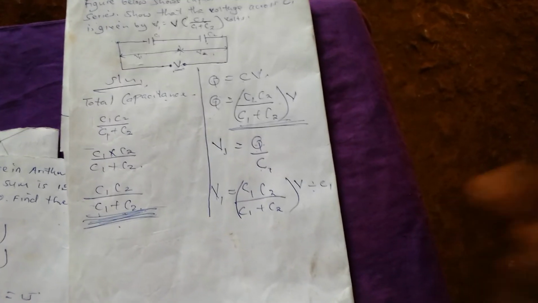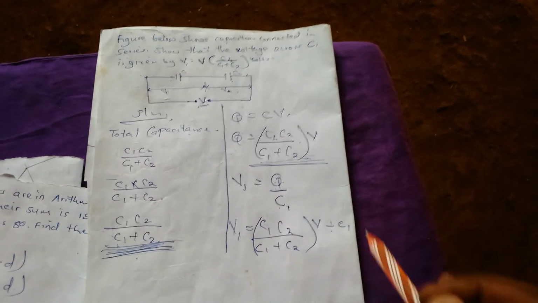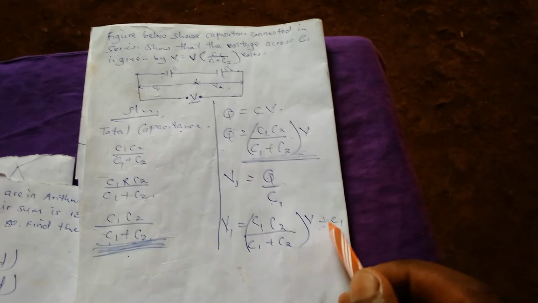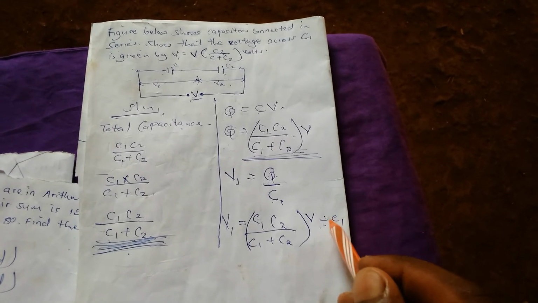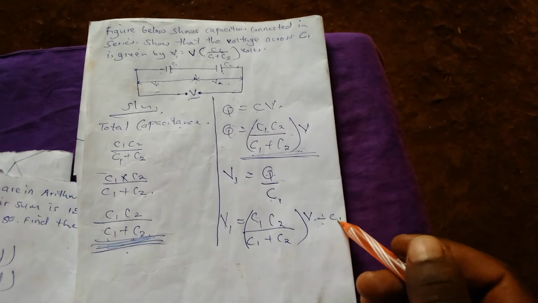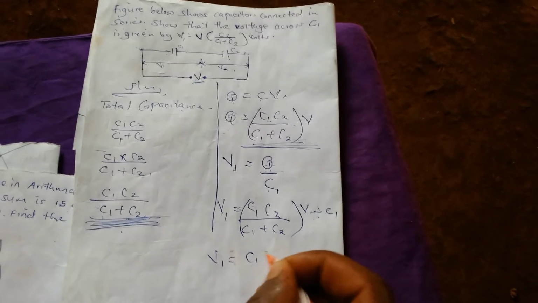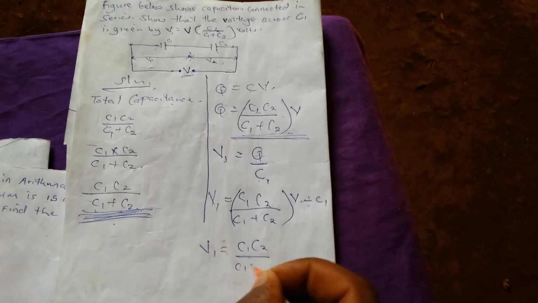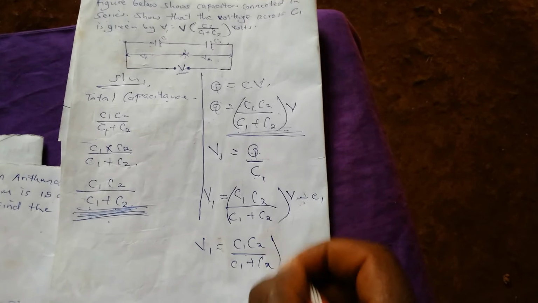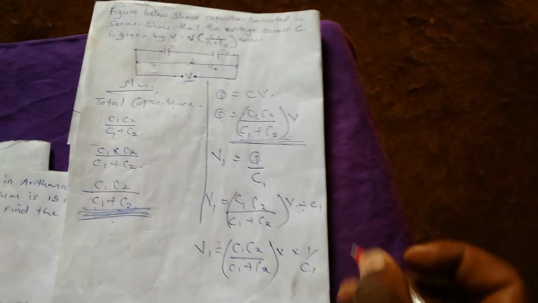Over means divide, so that's the reason we have divided here. If we remove this divide, we are just going to multiply by the reciprocal. So V1 is equal to C1 C2 over C1 plus C2 times V times 1 over C1.